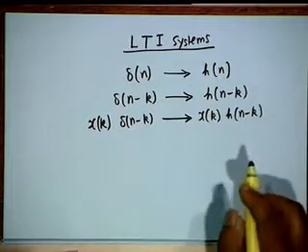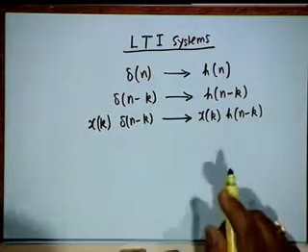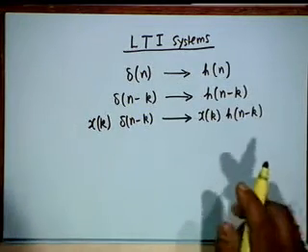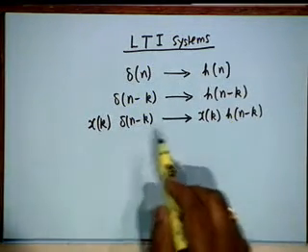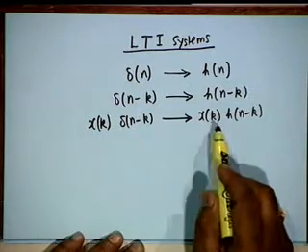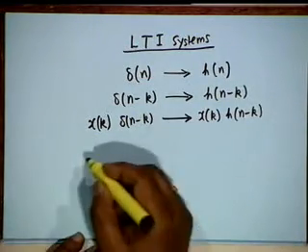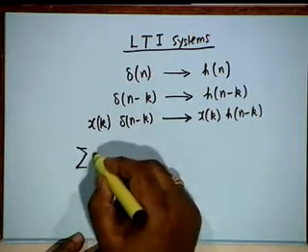This is an example of the application of the principle of homogeneity. If the input is multiplied by x of k, output shall be multiplied by x of k. Then we apply the principle of superposition, that is, we sum this up.